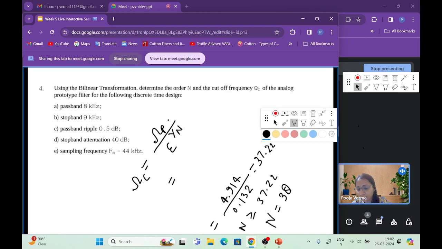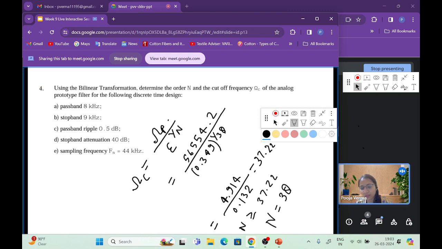So omega p we already know, 56,554 divided by 2. Epsilon we also have, 0.349, and the order of the filter is 38. So 1 by n, so 1 by 38 here.